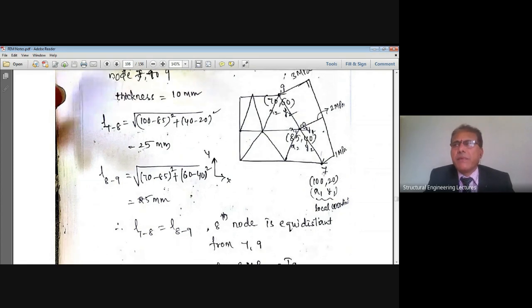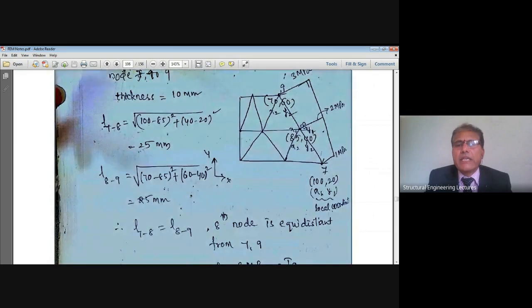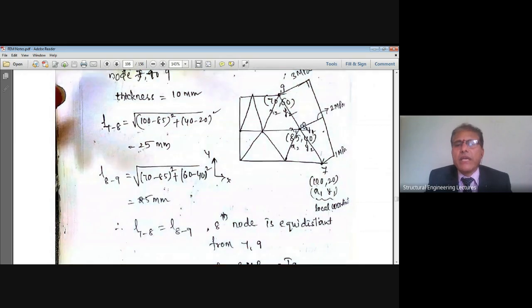Now I'll take the first element. Let us say the first element is along node 7 to 8, and similarly the second element is from 8 to 9. Using these Cartesian coordinates, for my first element 7, 8, I'll say 7 is x1, y1: x1 is 100, y1 is 20.